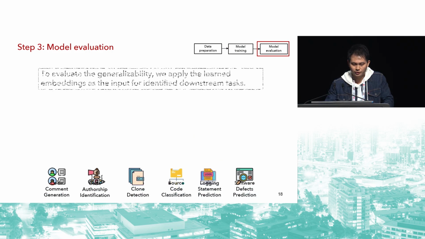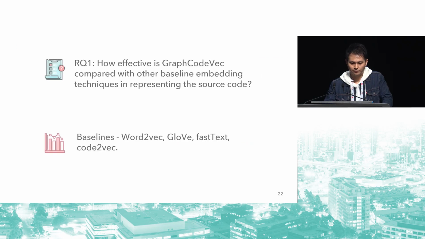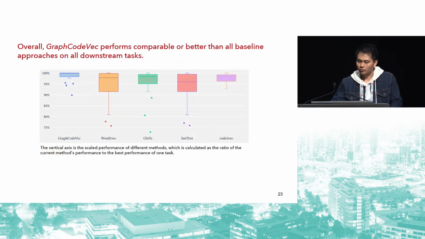In the model evaluation step, we evaluate the embeddings on a total of 6 downstream tasks. The first research question is to evaluate the effectiveness of our code embeddings. We compare it with several baselines.